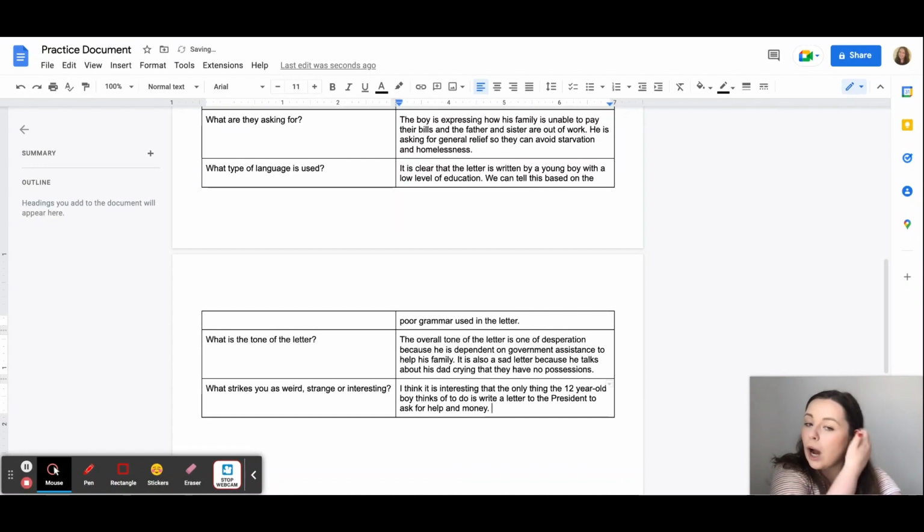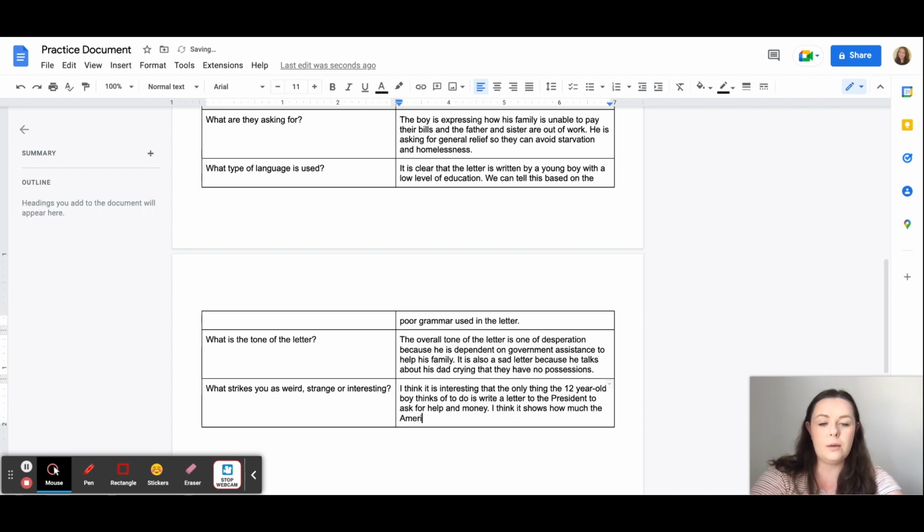Because as a child, I don't think I would ever think to do that. So I think it shows how much the American people look to FDR to help them solve their problems.